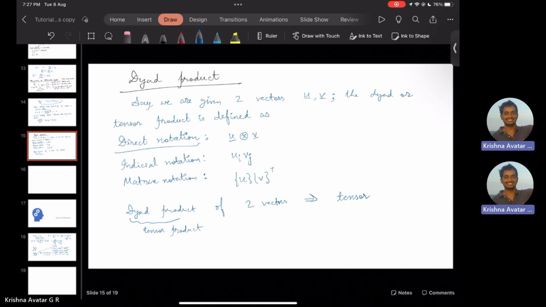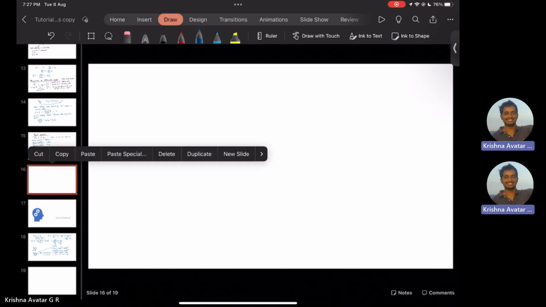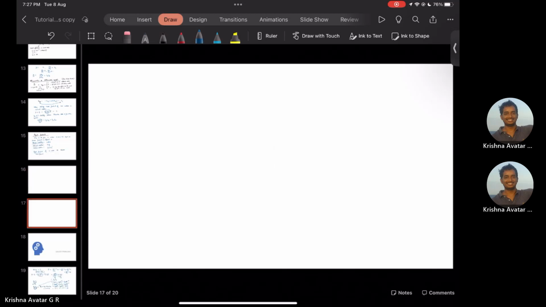There are some properties which this dyad product tends to have. Say you have the dyad (u ⊗ v) and you operate this on w, where w is another vector. Then this is equal to (w · v) times u.